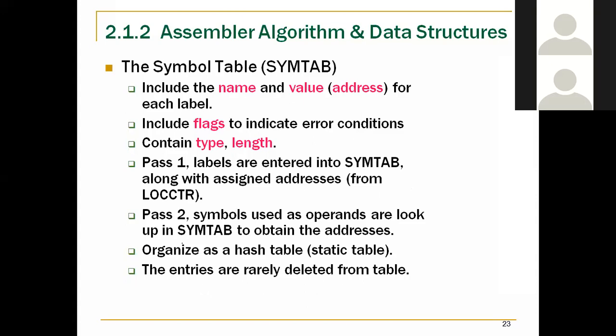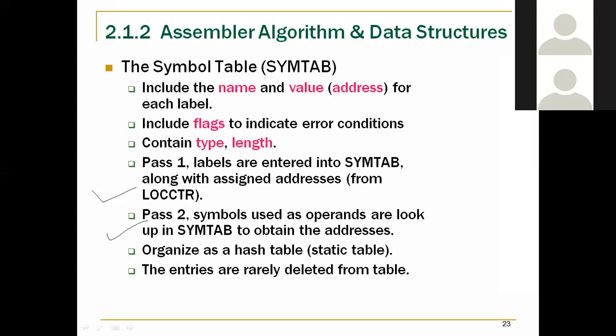When it comes to the symbol table, it stores the value of the label and the address assigned to it. Along with that, it can also contain certain flags to indicate error conditions. It also stores the label's type and length. This is also essential when we are performing address assignment. During pass one, the symbol table is used to enter the values along with their addresses.